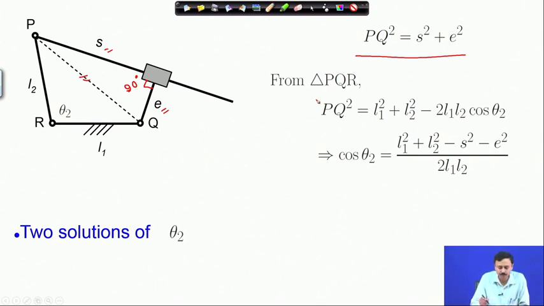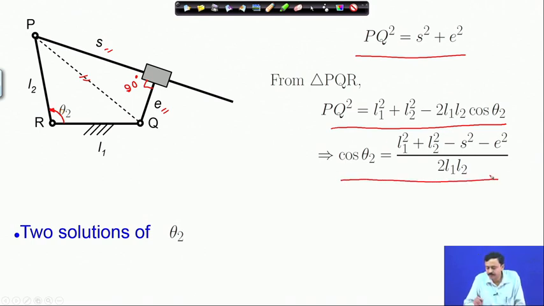Now, from triangle PQR, this PQ squared, using the cosine rule, I can write in terms of the angle theta 2. So, this angle is theta 2. So, I can relate PQ also from the other side using theta 2, and this is what we have.